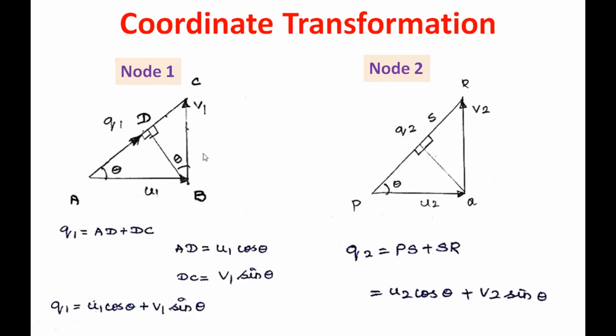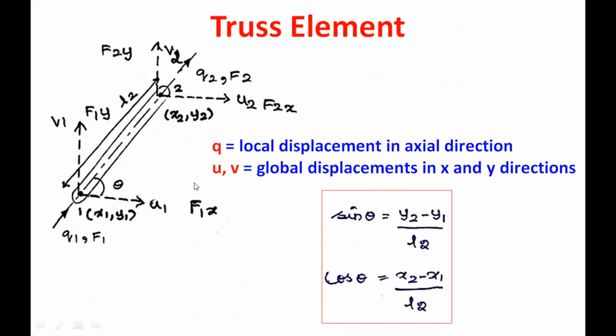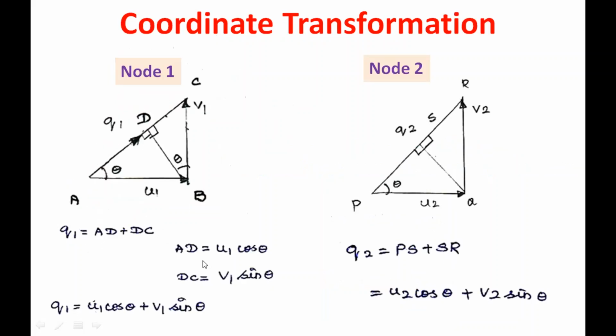To make the relationship between local displacement and global displacement, we are going to make a simple derivation using this vector triangle. Here you see q1 at node 1 is resolved as u1 and v1. That vector triangle is shown in this next slide. This q1 displacement is resolved into components u1 and v1.